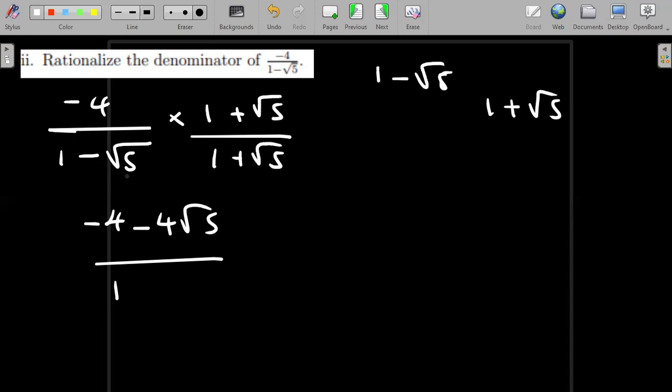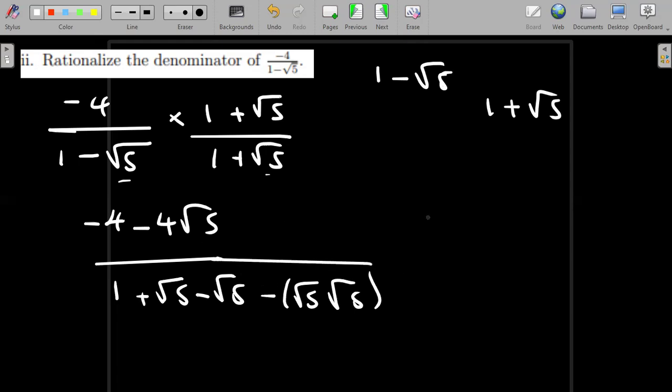And of course, when we multiply this, we can expand it throughout. 1 by 1 is just 1, then 1 multiplied by root of 5 is going to be plus root of 5. Then negative root of 5 by 1 would be negative root of 5. Then you have negative root of 5 multiplying by the root of 5.